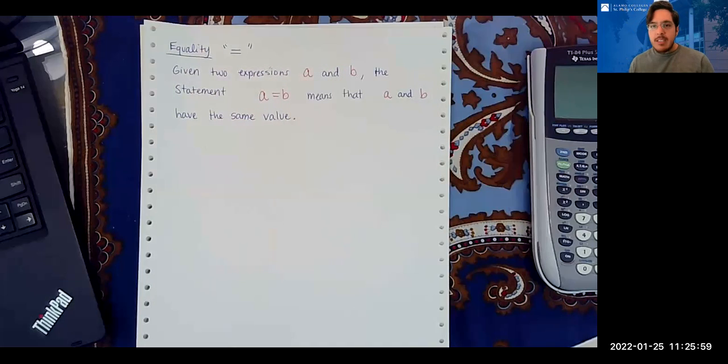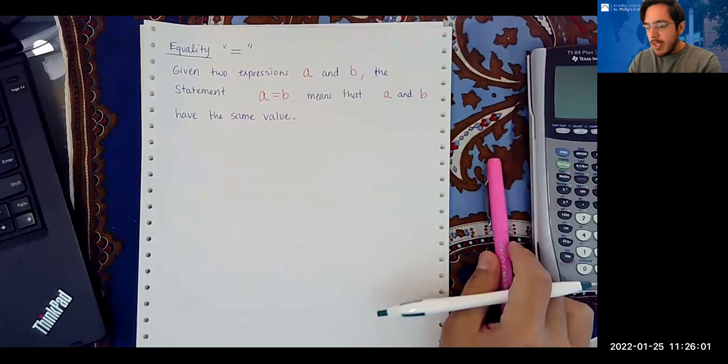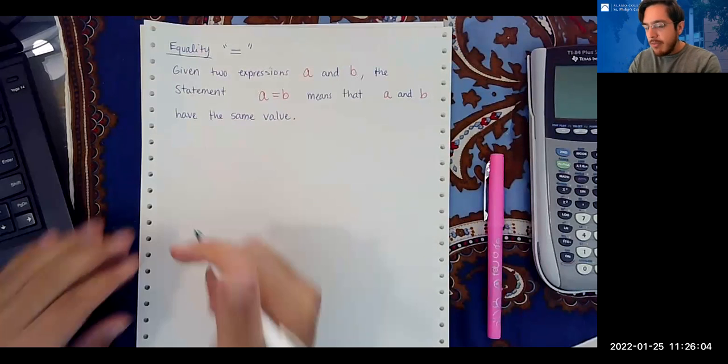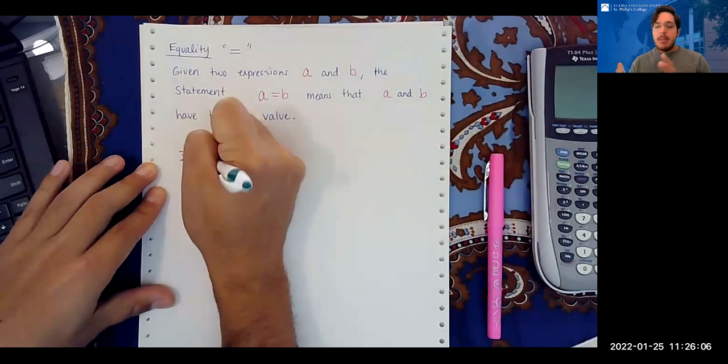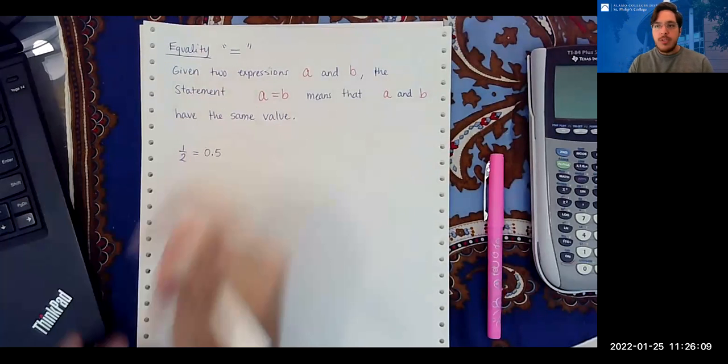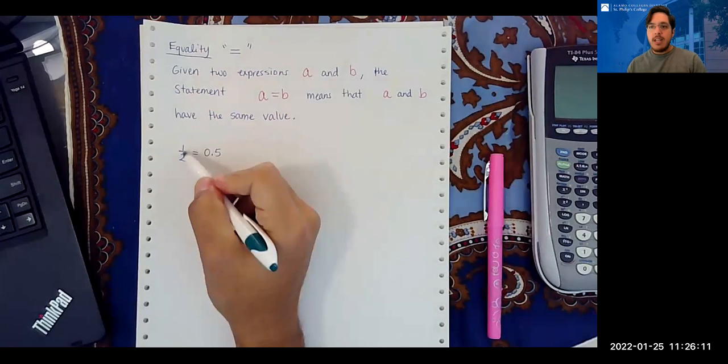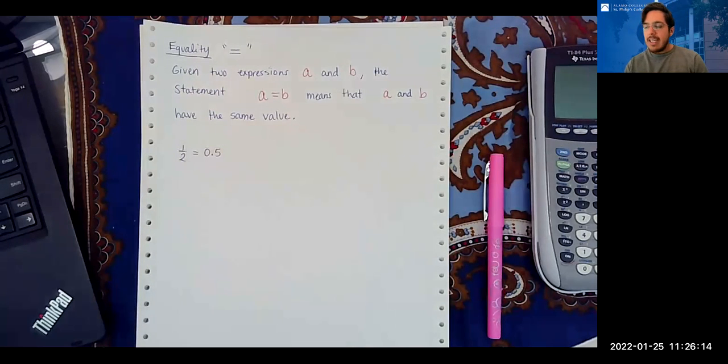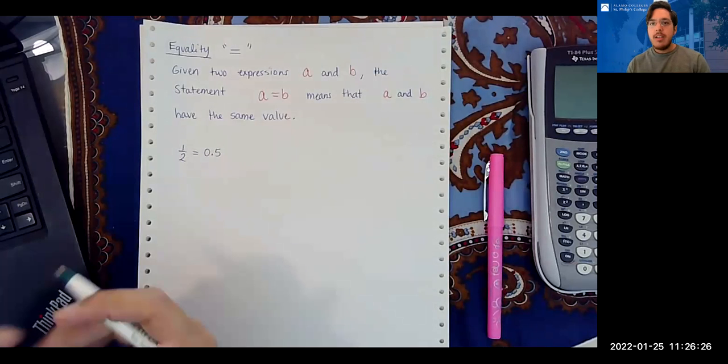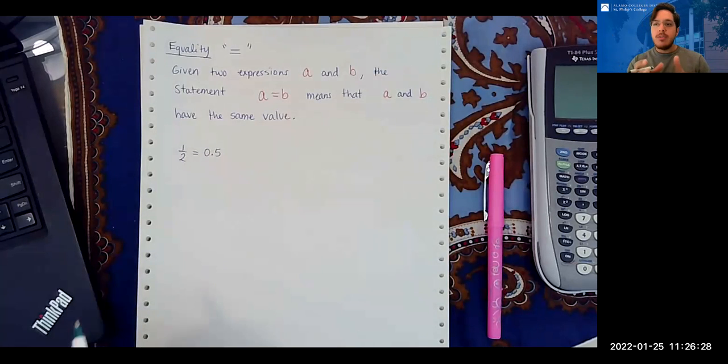And like I said, we've seen some expressions like this before, like when I said 1/2 is equal to 0.5, right? We can throw 1/2 into our division algorithm, do the long division, and get the decimal representation. And so those two things, even though they look different, have the same value. Those kinds of concepts come up time and time again in mathematics, where solving some problems requires you to convert from one representation to another so that you can solve the problem more easily.